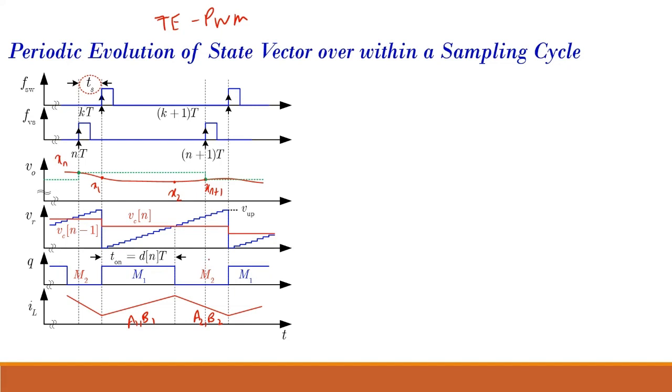Then this x2 will evolve to come to xn plus 1 when it is in mode M2. So at t equal to nT, my state is xn. At t equal to nT plus Ts, my state is x1. And at t equal to nT plus Ts plus Ton, where Ton is my on time, this is my x2.